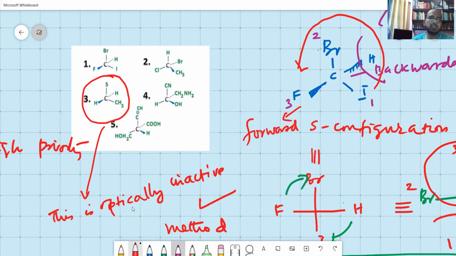The reason is you've got hydrogen here and hydrogen here. Therefore, the carbon atom is not asymmetric. When the carbon atom is not asymmetric, you cannot judge the configuration for that.